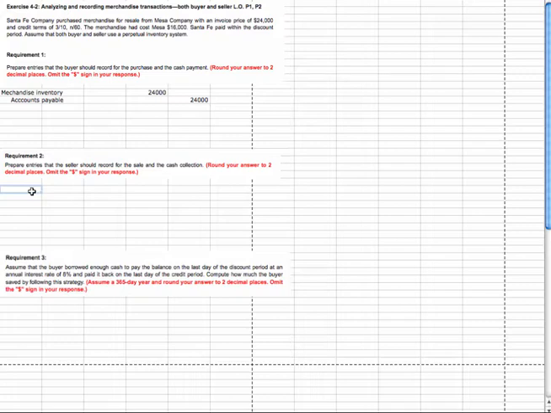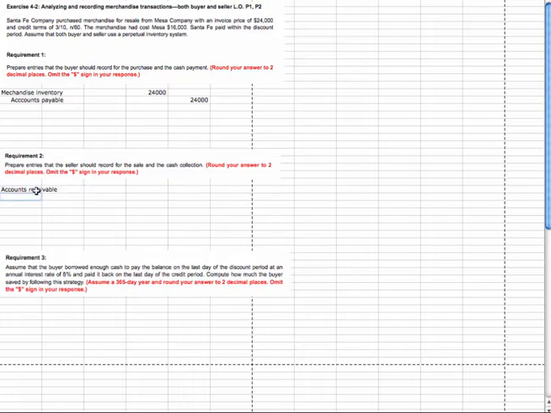On the seller side, first of all, we have to recognize the sale. So because this is on credit and no cash has changed hands, we need to recognize that our customer owes us money. So we're going to increase an asset account called accounts receivable.